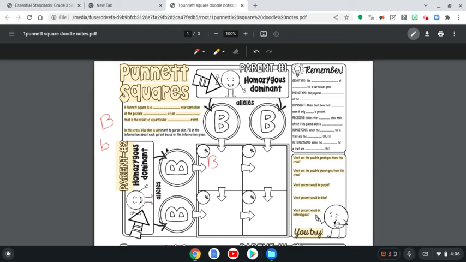a Punnett square, you have one parent's alleles across the top, you have one parent's alleles down the left side. If you look, you take this allele, and this will be what goes in this box. So I've already got one B, so I'm going to put the other one. You take this one and this one, and it goes here.